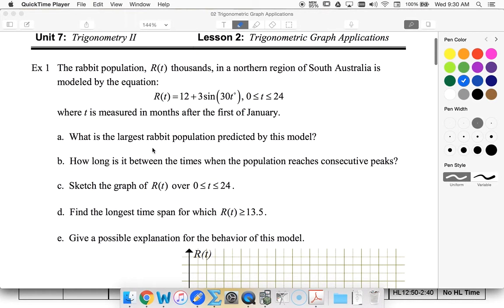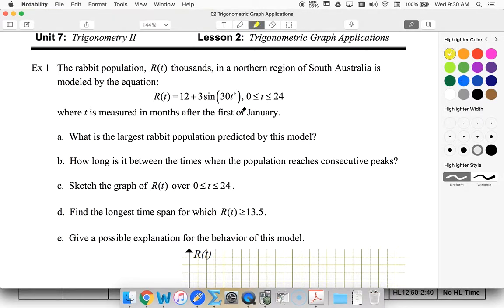So what is the largest rabbit population predicted by this model? When it says largest, what I'm looking for here is the max value. We know that the maximum value of sine is 1. So my maximum value, I'm going to call this R max, is going to be 12 plus 3 times 1.